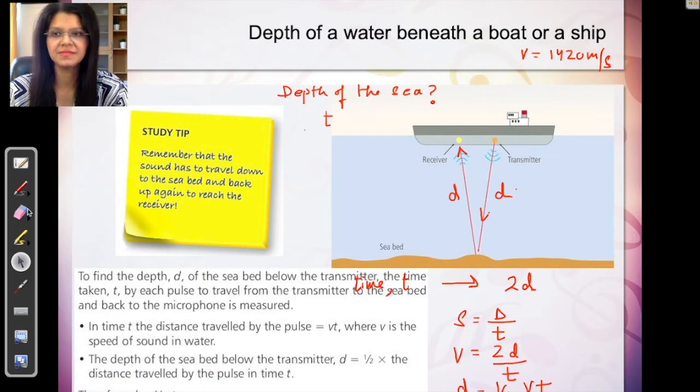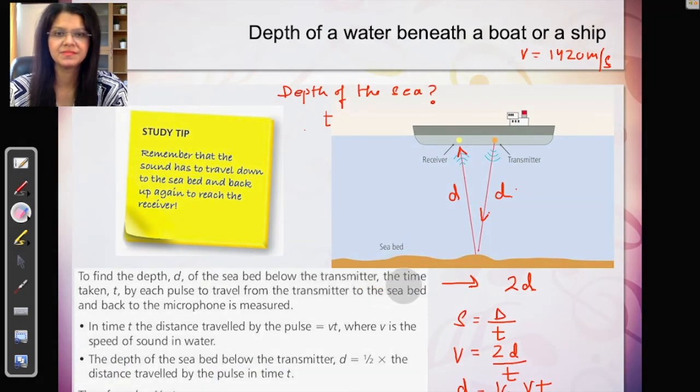So let us understand the theory of it. To find the depth D of the seabed below the transmitter, the time T taken by each pulse to travel from the transmitter to the seabed and back to the microphone is measured.